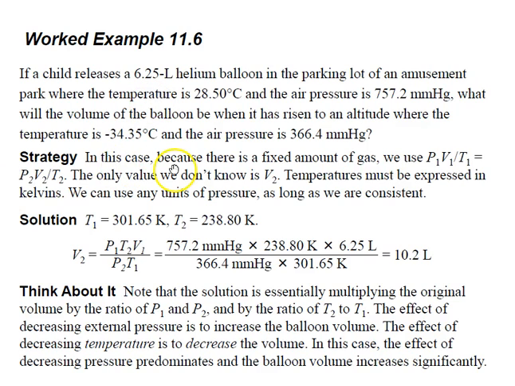So our strategy here: there's a fixed amount of gas in moles, as I mentioned. We're going to use P1V1 over T1 equals P2V2 over T2. Essentially, they've combined the pressure-volume formula with the volume-temperature formula and just pushed them together.